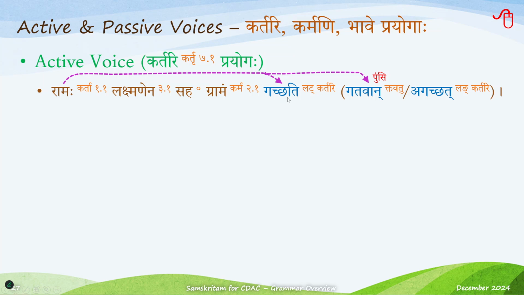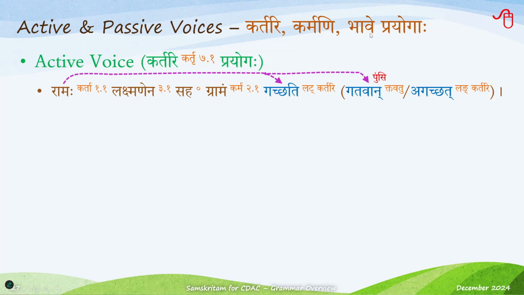What makes the sentence active voice? The Kriya is in active form, sits on the Karta. That's what makes it active voice. The word active voice doesn't describe it so much as the word Kartari does. The Kriya sits in the Karta. The Kriya sits in the Karma. What is the meaning it gives?